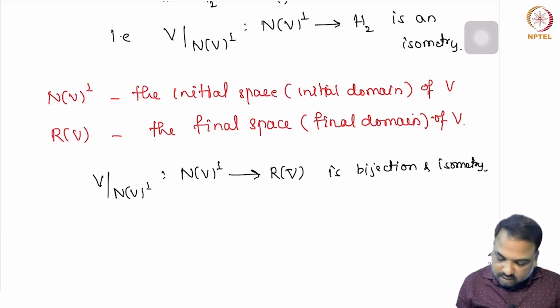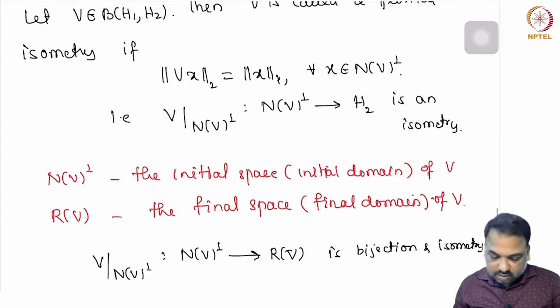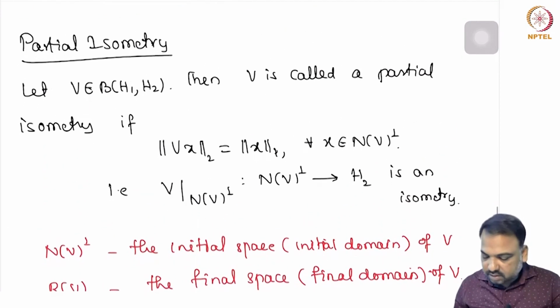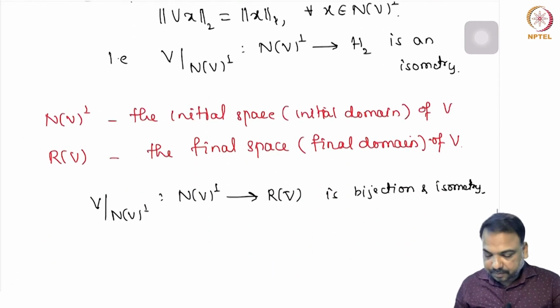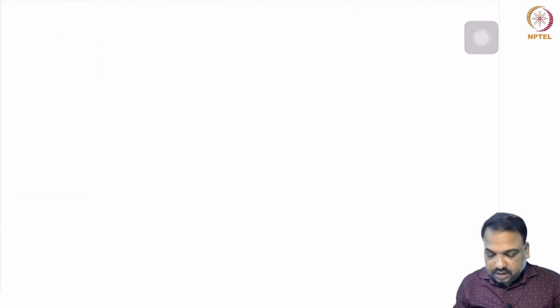So this is a unitary map between two different Hilbert spaces. Okay, so the meaning of partial isometry is nothing but that, restricted to a subspace, it is an isometry. So for that reason it is called a partial isometry. Okay, so let us see a few examples.